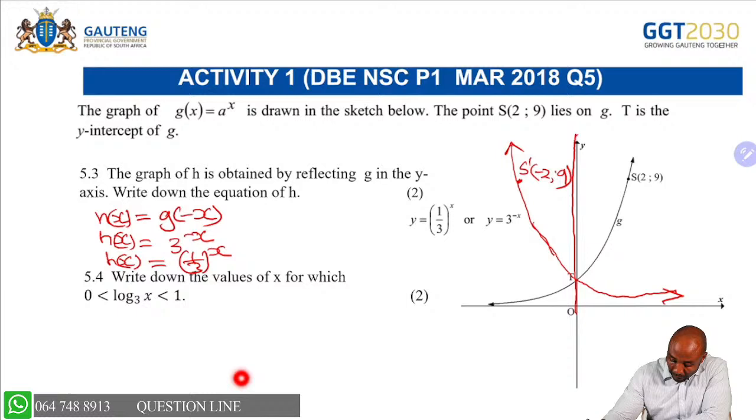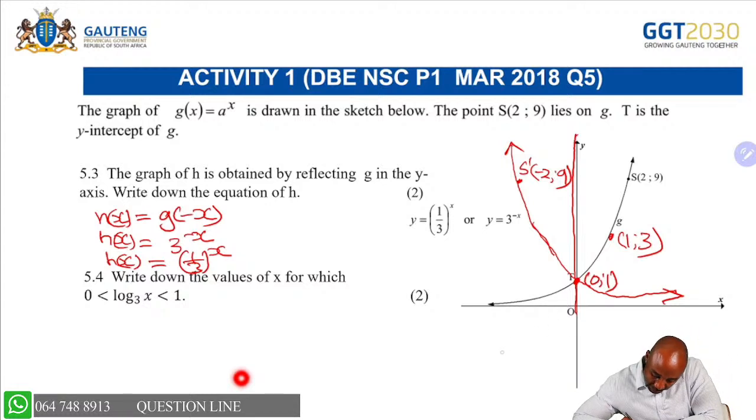Write down the values of x for which 0 is less than the logarithm of x to base 3, which is less than 1. Now, remember, we have a point here with coordinates (1, 3), and we have this point T with coordinates (0, 1).